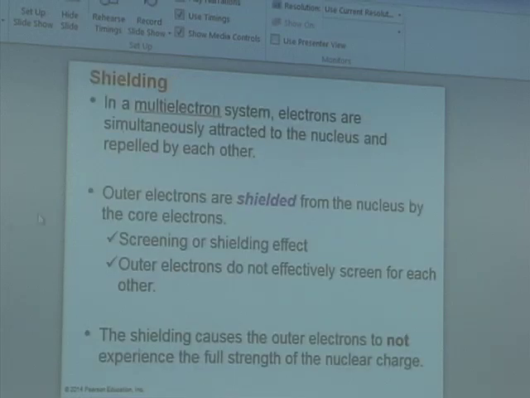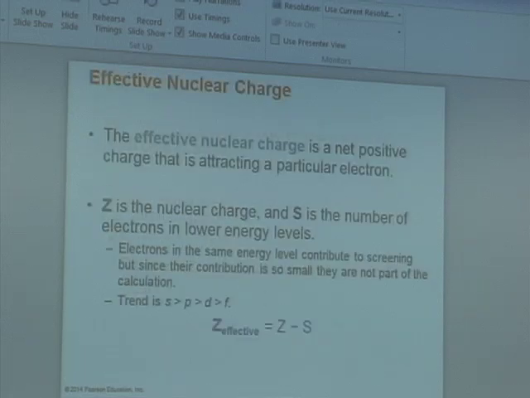And we come to what we refer to as shielding. When you have several electrons and they're simultaneously attracted to the nucleus, outer electrons are shielded by the core electrons. And this screening or shielding effect causes a change in the nuclear charge.